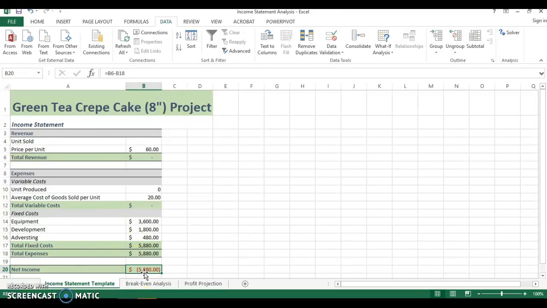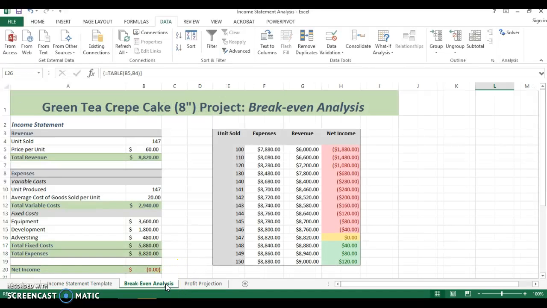To get net income, we calculate it by subtracting total expense from total revenue. Next, I will be showing you how to use Solver to analyze this income statement.